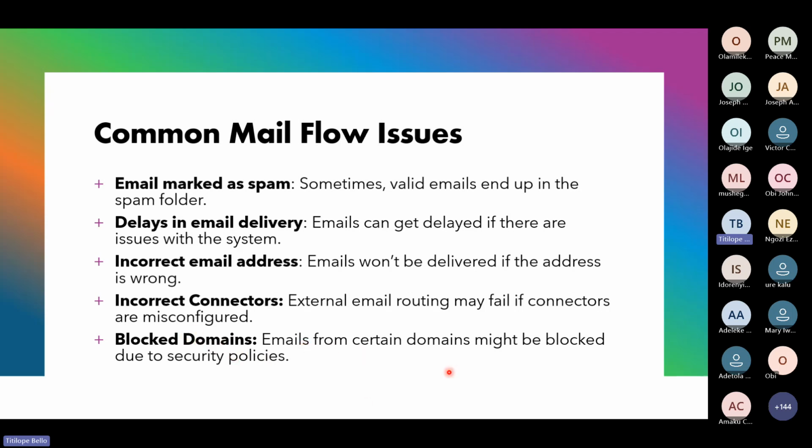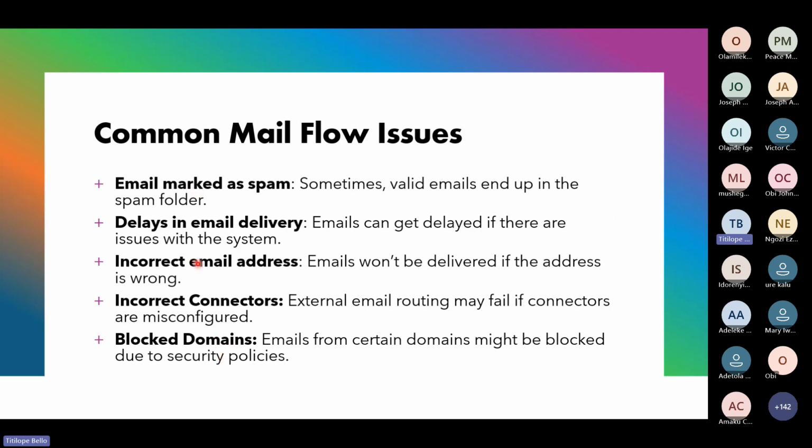In that case, if there's a need for a legitimate email to come from that domain, you will not receive it because the domain has already been blocked. So you will have to unblock it by going to your anti-spam policy or transport rule and unblocking the particular domain.